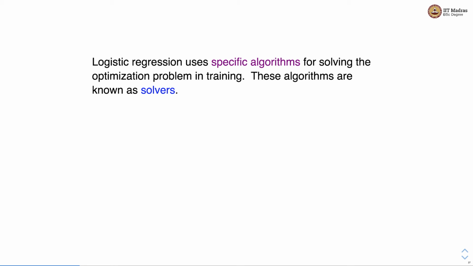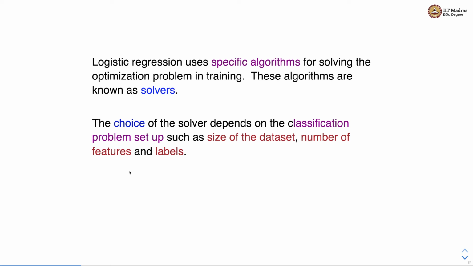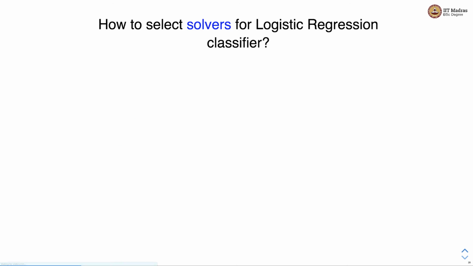Logistic regression uses specific algorithms for solving the optimization problem in training. These algorithms are known as solvers. The choice of solver depends on the classification problem setup. It depends on the size of the dataset, number of features, and labels. Let's look at different solver options for logistic regression classifier.